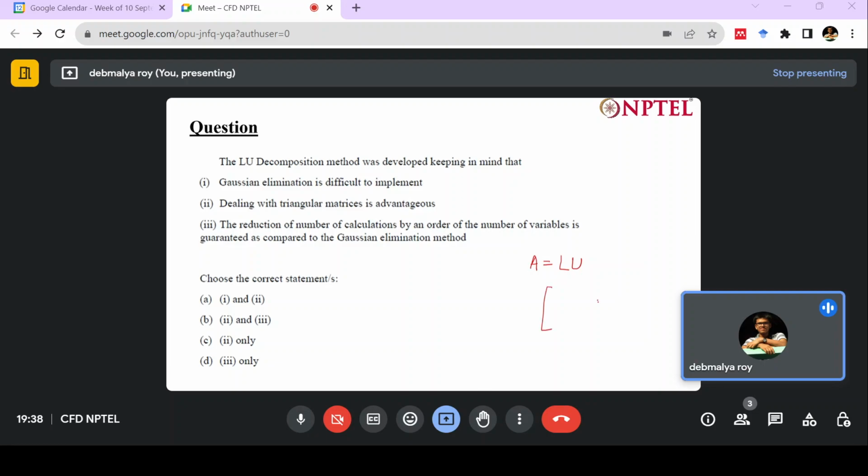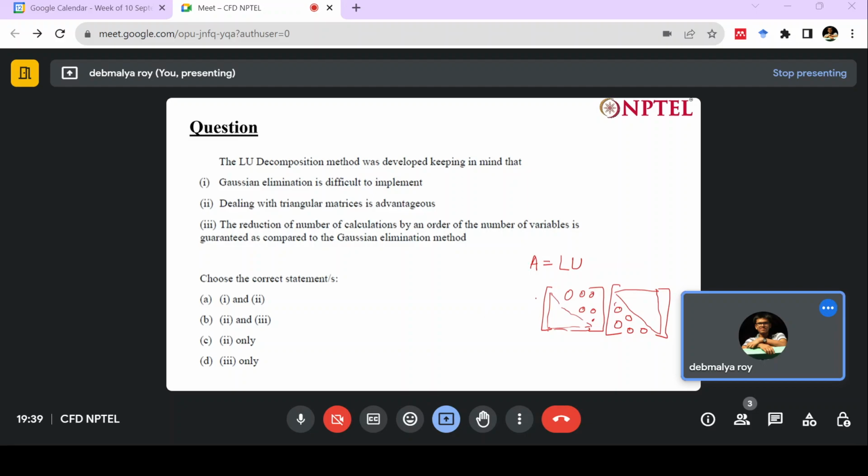L is a lower triangular matrix, so the upper triangle is completely zero. U is the opposite: U is an upper triangular matrix, like the row echelon form that we were doing. So here we simply decompose into these two and then try to find the solution.